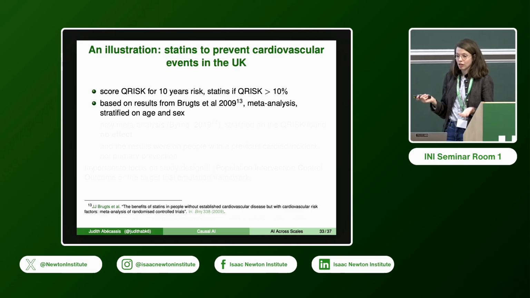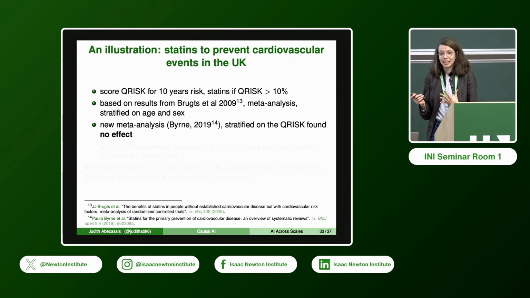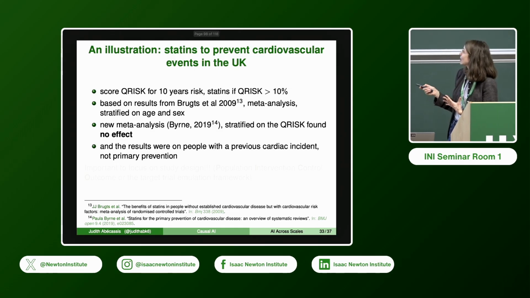And in real-life application of this score and this principle of prescribing statins, no result was seen in real life, and there have been since some additional meta-analyses that have analyzed this effect of statins on cardiovascular prevention, but additionally to stratify on age and sex, as was done before, they also stratified on this Q-risk score.